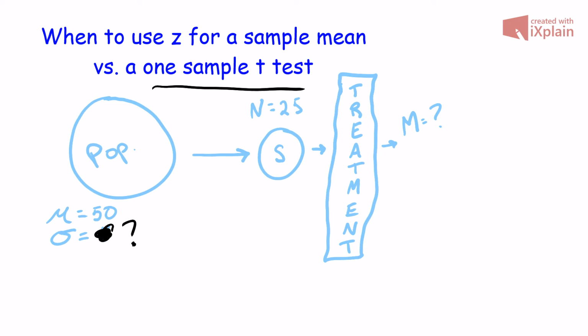And what you would do instead of using the standard deviation of the population is you would compute the standard deviation of the sample. From these 25 people, you would find their standard deviation, and you would just use that instead of the population standard deviation. It's really that simple.